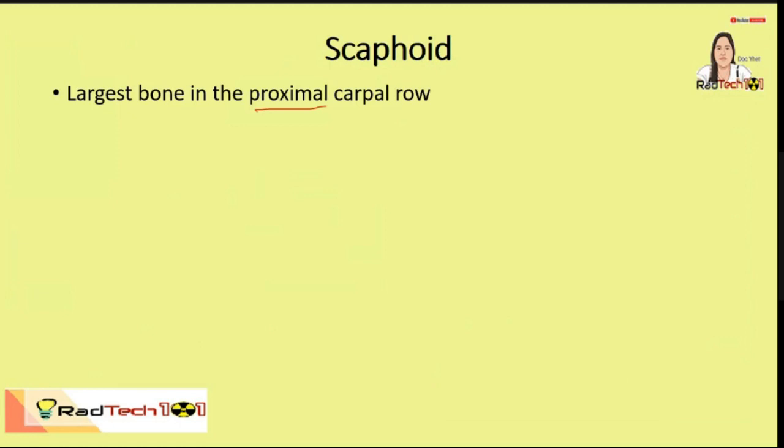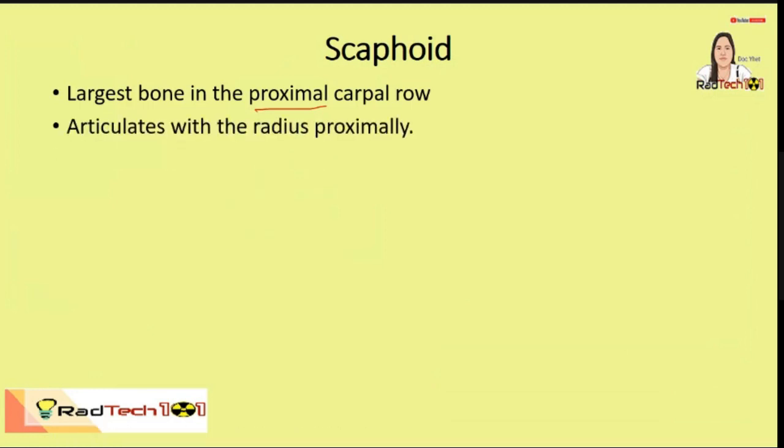So again, pag sinabing what is the largest proximal carpal bone, that is scaphoid. But if I ask what is the largest carpal bone, it is capitate. Okay?